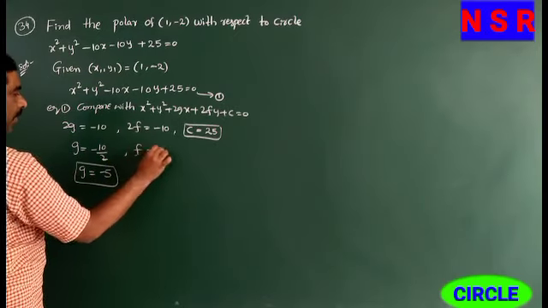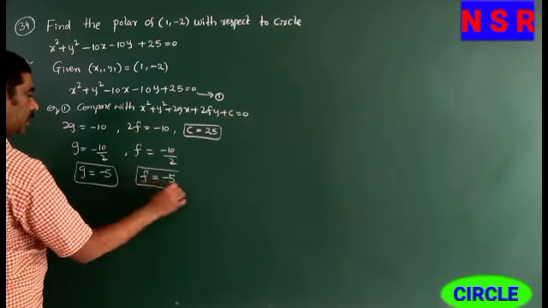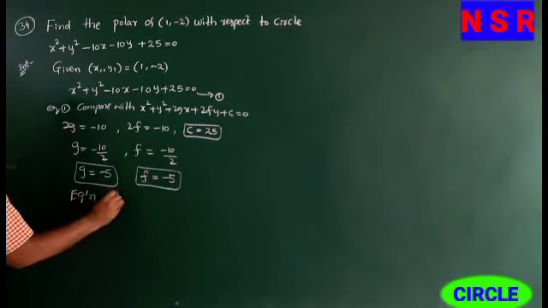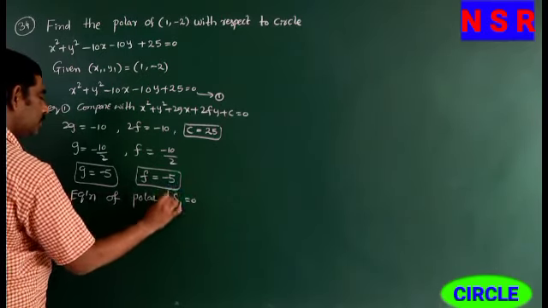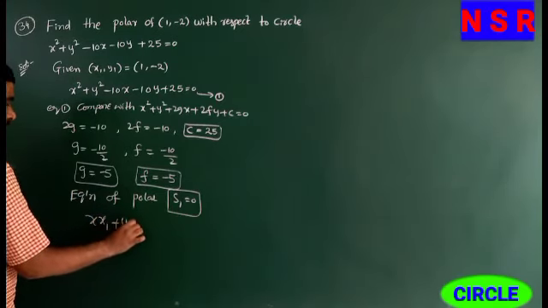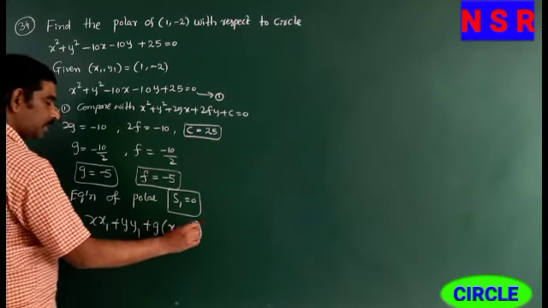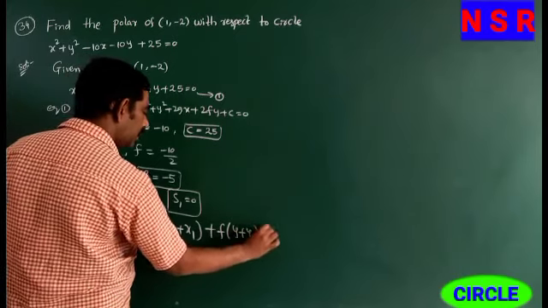And here f equal to -10 by 2, here also -5, and c equal to 25. Now equation of polar S1 equal to 0.